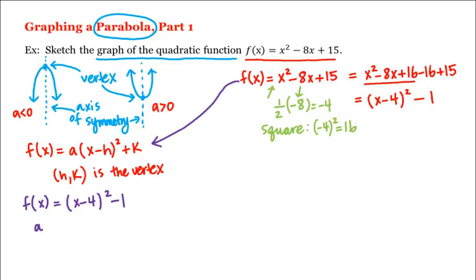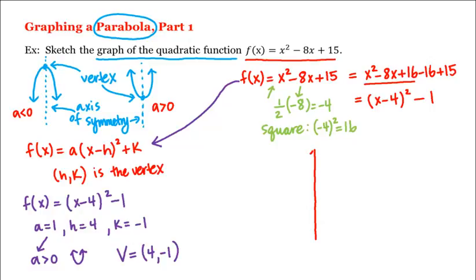And therefore our a is equal to 1, our h is equal to 4, and our k is equal to negative 1. And since a here is greater than 0, our parabola will be opening upward, and our vertex is at (4, negative 1). So let's plot our vertex.